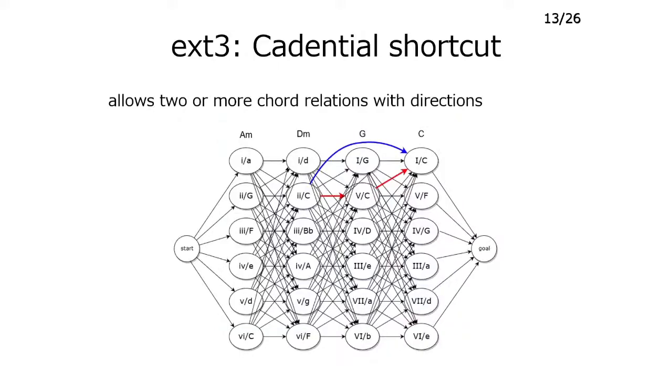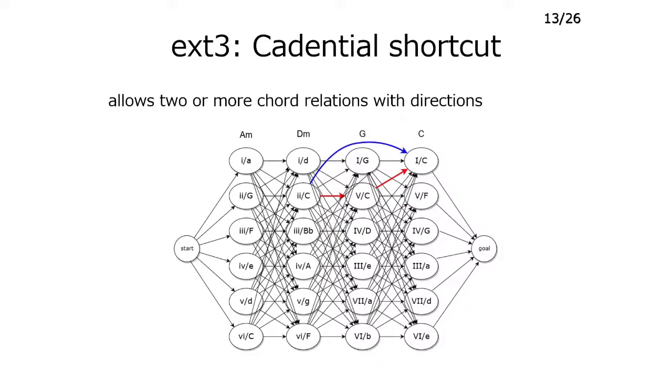Now, if the path indicated by 2 red arrows matches our cadence pattern, we want to discount the distance of the path. Then, instead of discounting the weights of the red arrows directly, we add a blue arrow that indicates the occurrence of the pattern and has the weight of the discounted path.